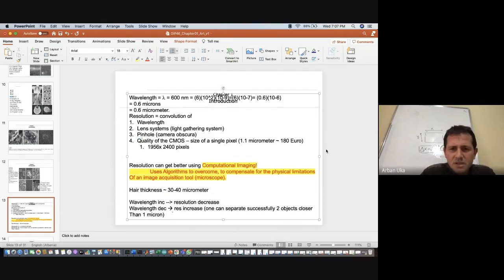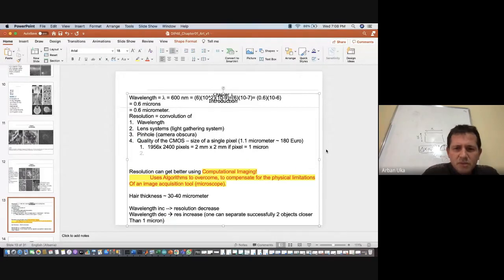This means that if one pixel is in the order of 1.1 micrometer, the CMOS is something between 2 millimeters times 2 millimeters. This is the size of the component, let's say if a pixel equals 1 micron.